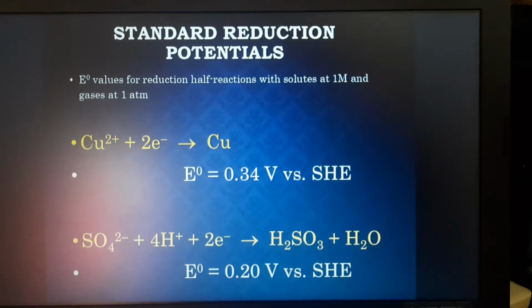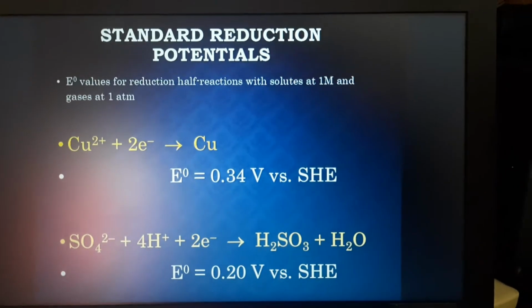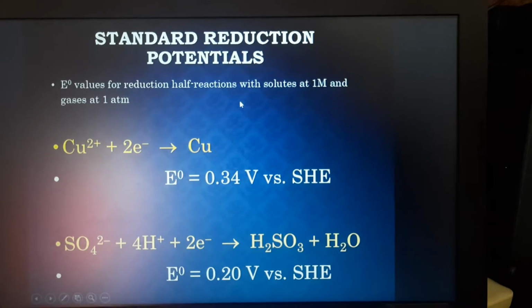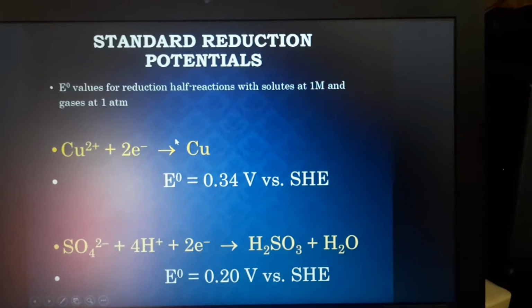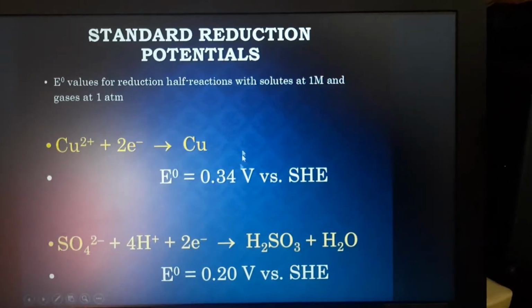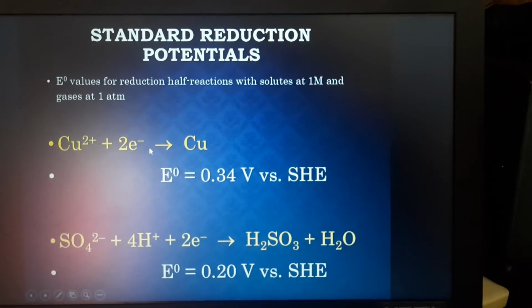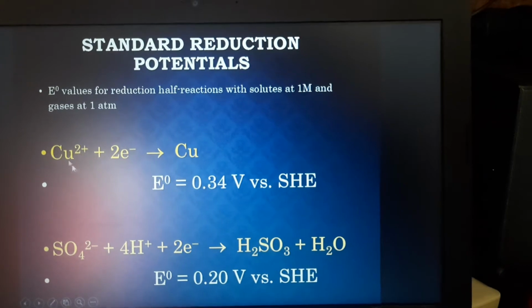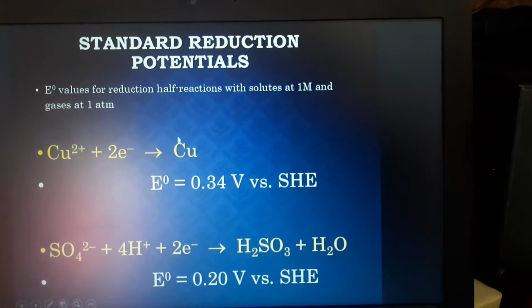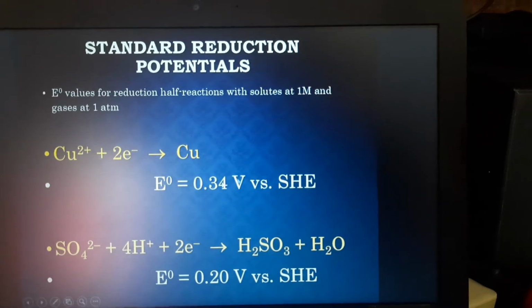And the standard cell reduction potential, the reduction potential, is the standard potential. If we measure this with copper used as a cathode here, the reduction potential of copper is positive.